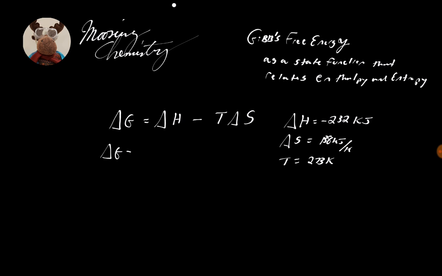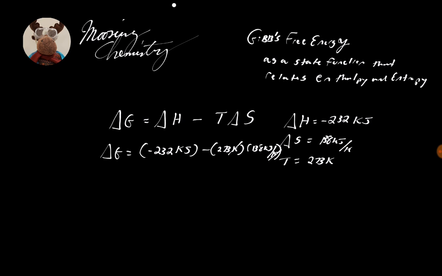So delta G equals negative 232 kilojoules minus the temperature, which is 273 K, times our entropy, which is 138 kilojoules over K. Our K's will cancel out.